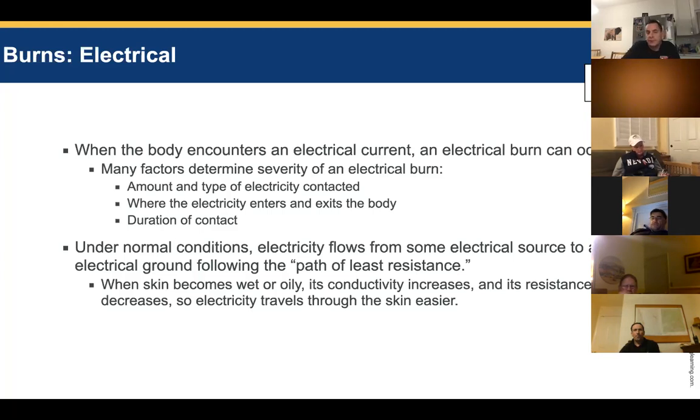And electricity is always trying to find ground. It's always trying to get back to ground. So if they step on something that's electrically charged, most likely it's going up the leg and back down the other leg. Or if they touch an open electrical source and they touch something else, it's traveling from that one place that they touched to the other place that it touched.